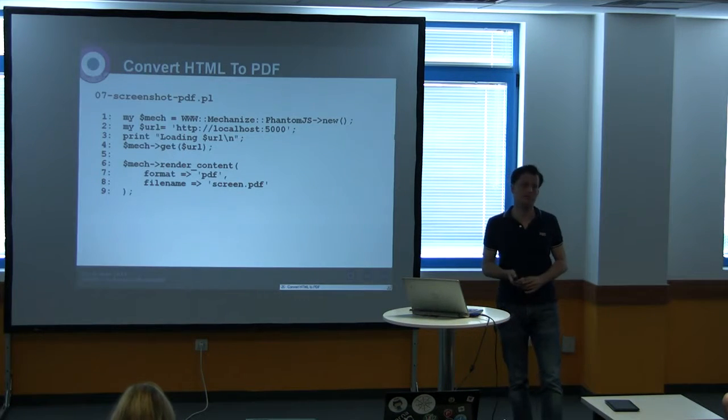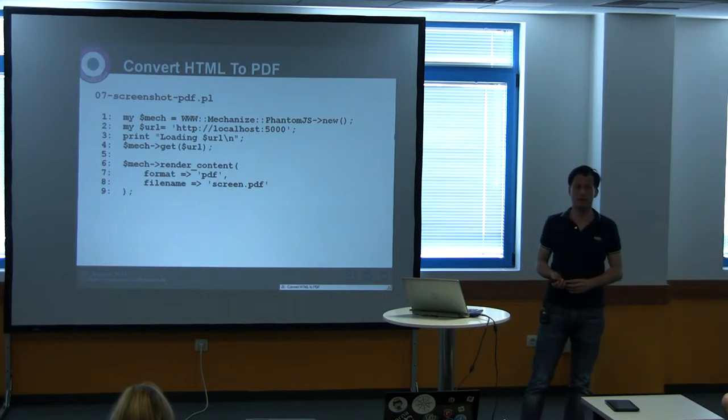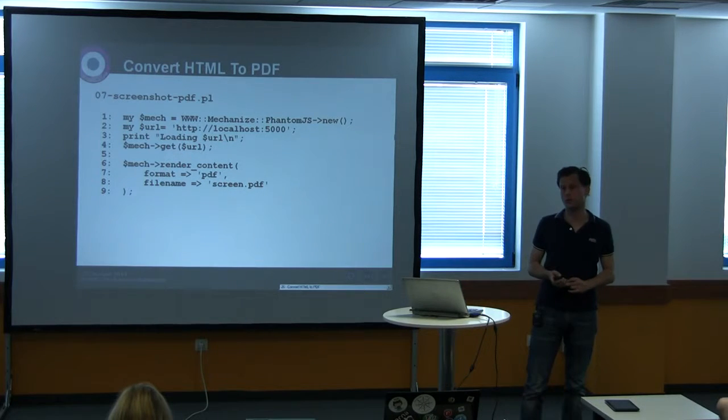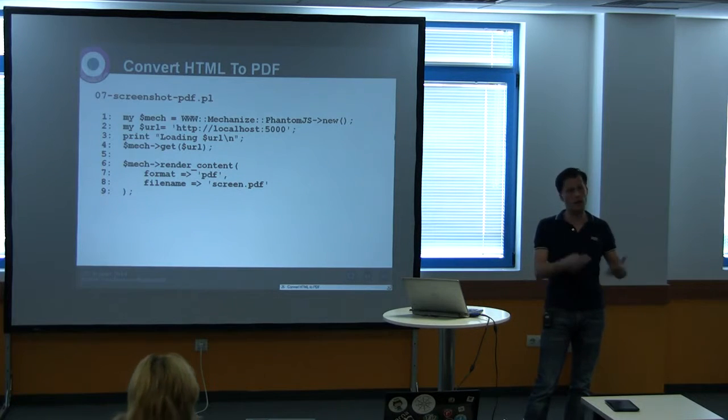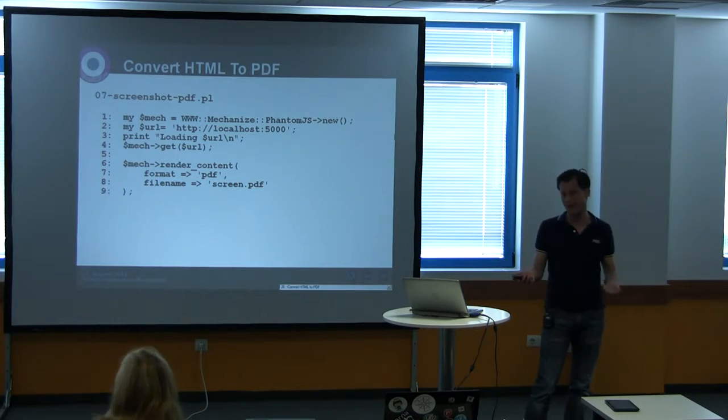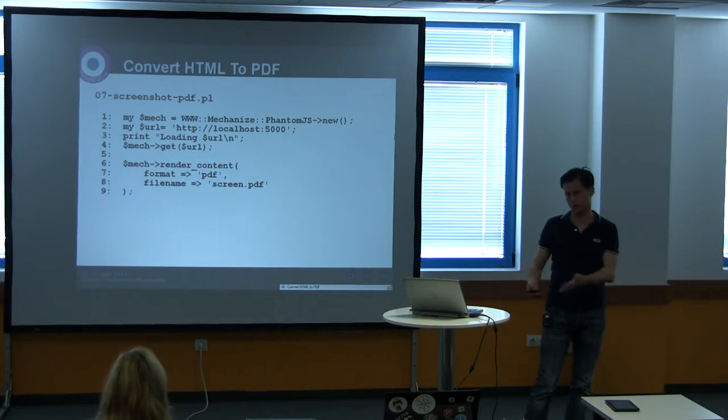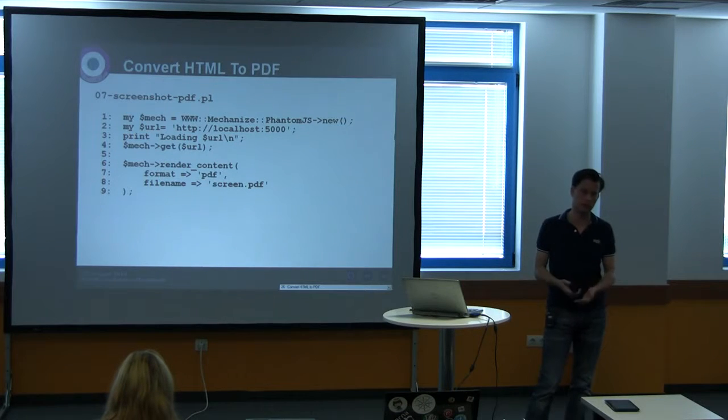Because PhantomJS is basically WebKit, it can also render HTML as PDF, which is quite nice if you have a nice HTML page and the customer says, yeah, great, now just do that as PDF. You don't need a separate template or to generate RTF and then print it to PDF or whatever.